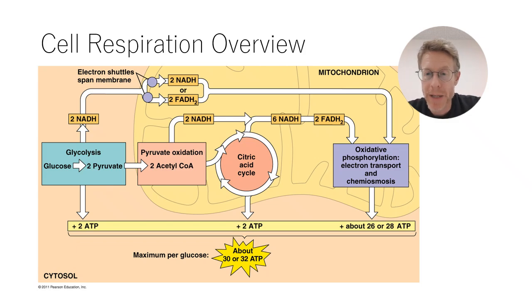And I'll explain this more in a minute. But it's a concentration of hydrogen ions or protons that build up within that intermembrane space. And that is a necessary part of oxidative phosphorylation. So as a result of that small volume in the intermembrane space, we can make ATP more efficiently.